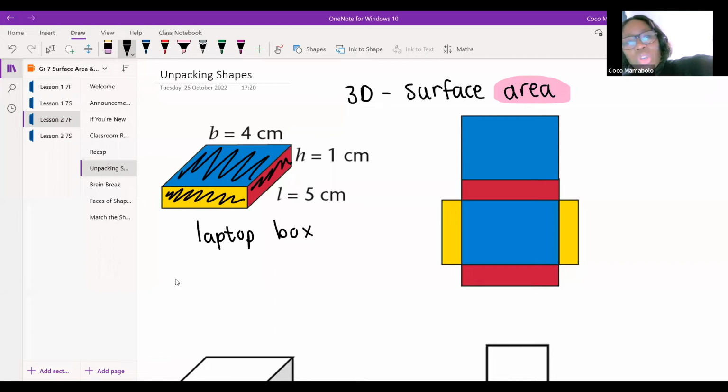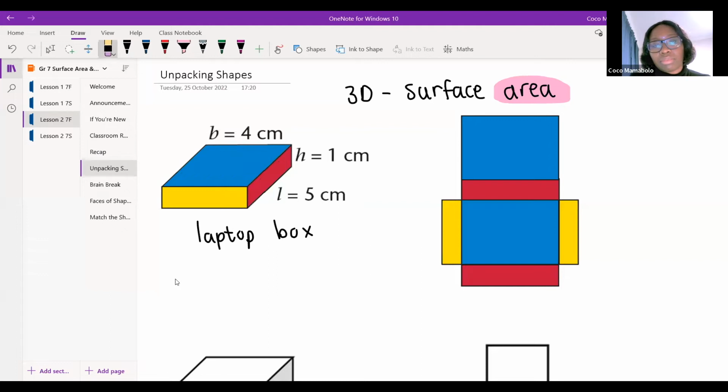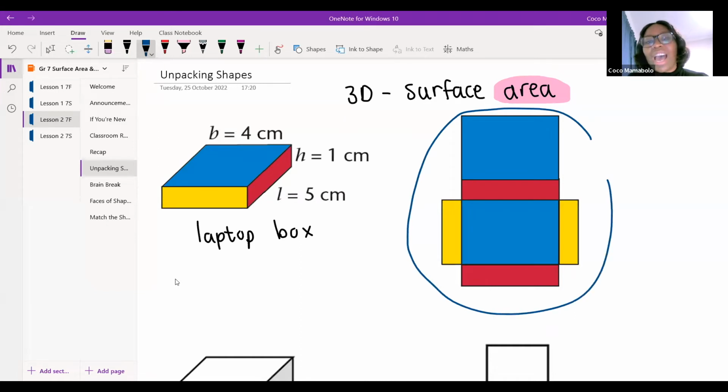But do all of these 6 sides have the same area? Do they all have the same area, guys? No, they're not going to have the same area. If I look at them in this drawing that I've done over here, I've actually unpacked the box for you.